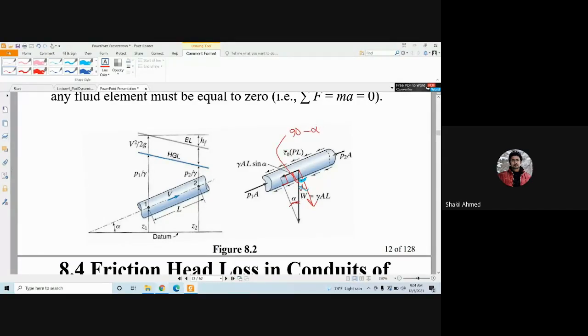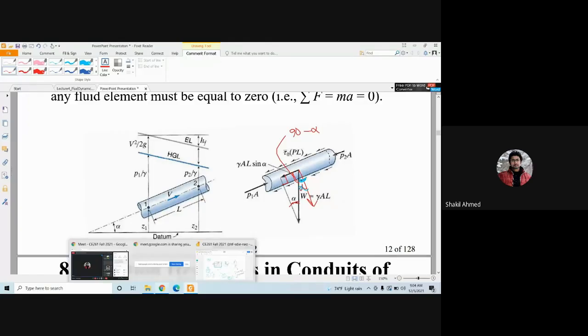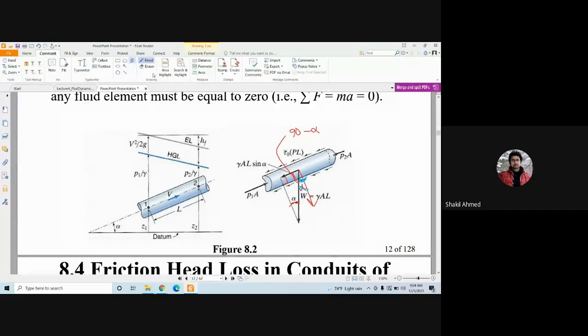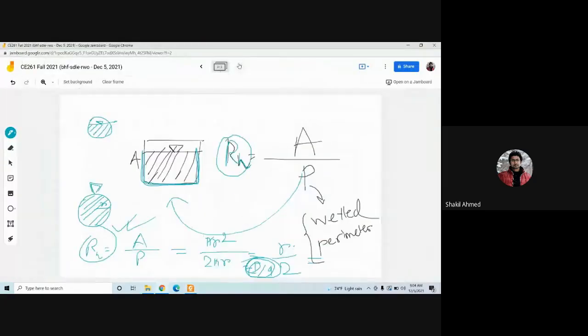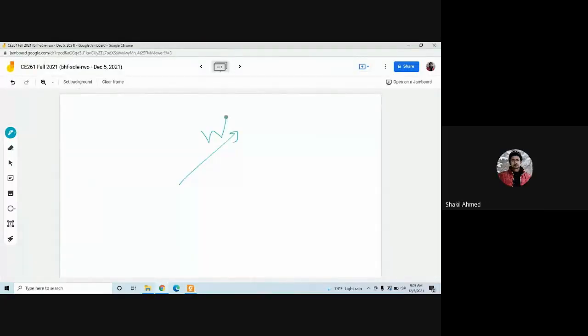Any question? Okay. Now this is alpha in this one. So the component in this direction will be what? W into cos alpha, right? So this is W, this is alpha, this is W cos alpha, and perpendicular to this is W sin alpha.